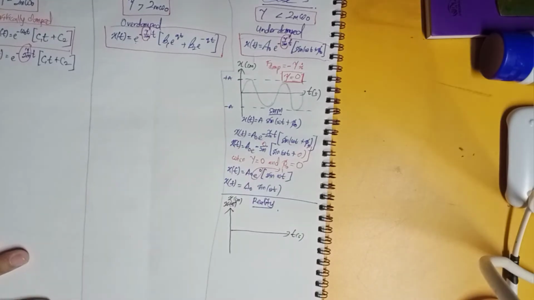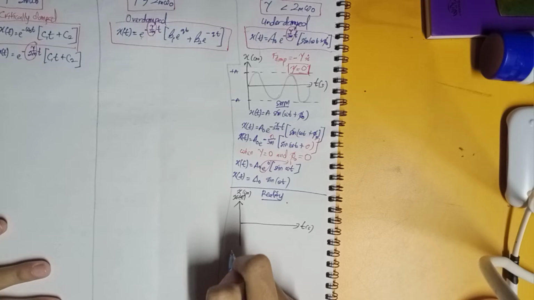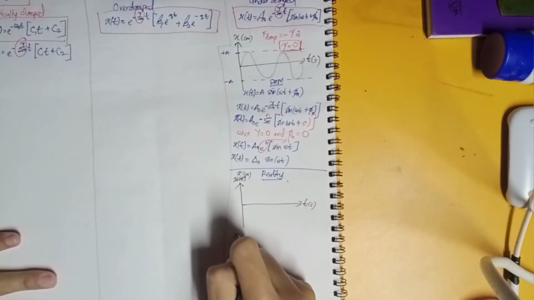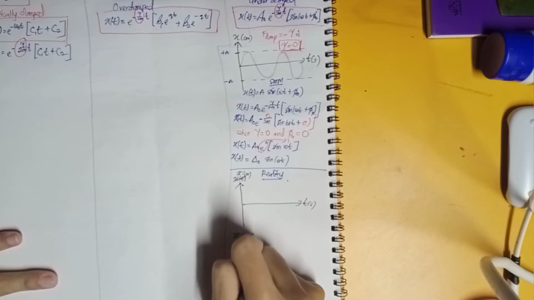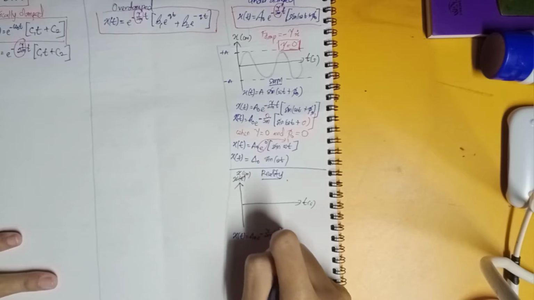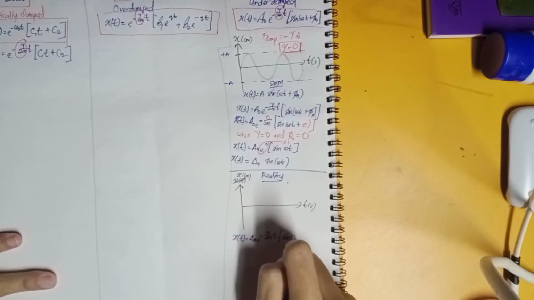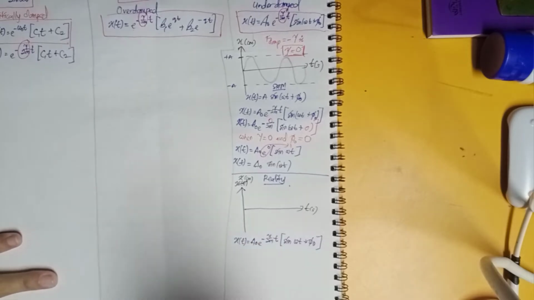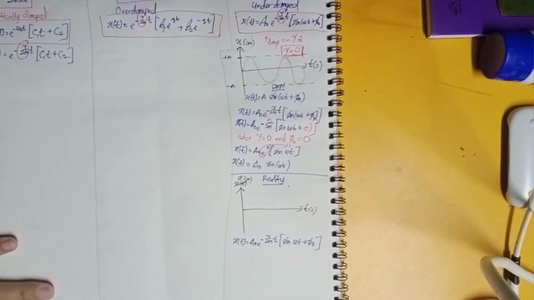Now we have the graph. Sorry, before that, let's write the equation for the damped oscillation. So x(t) is equal to A naught exponential power of negative gamma over 2m times t, times sine omega t plus phi.